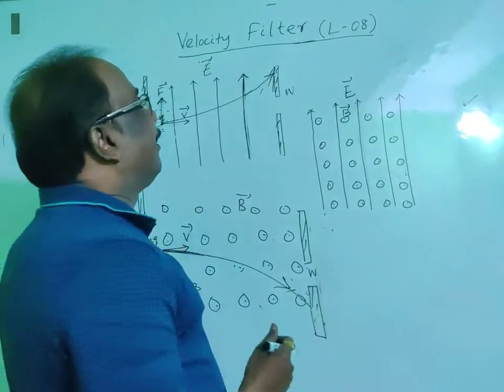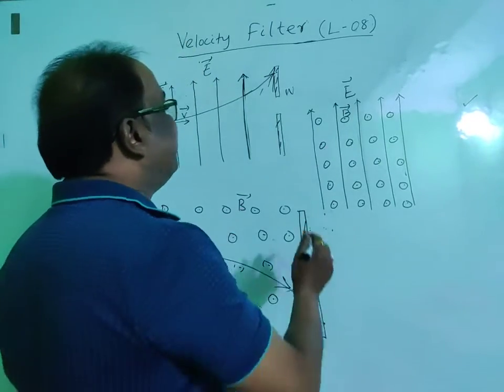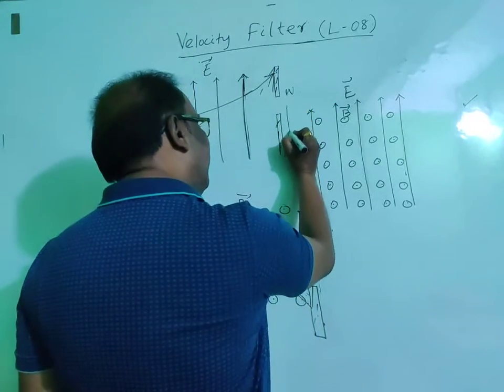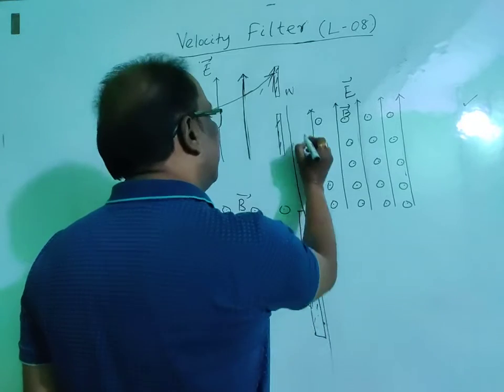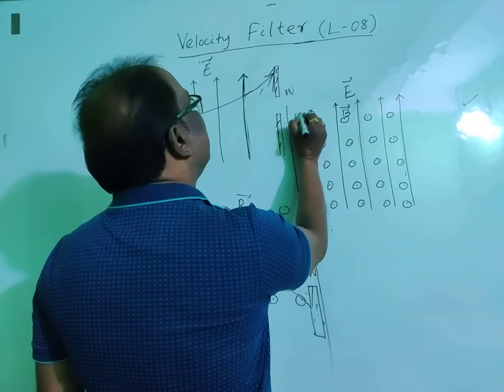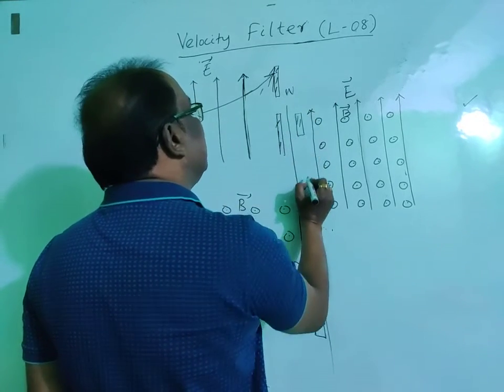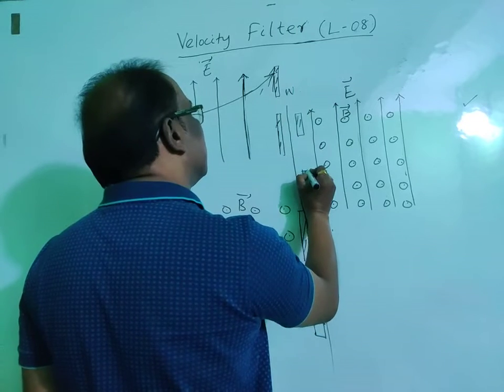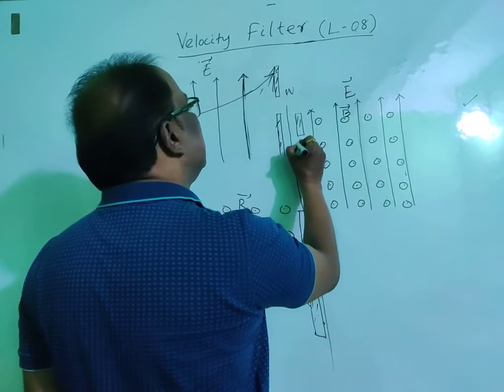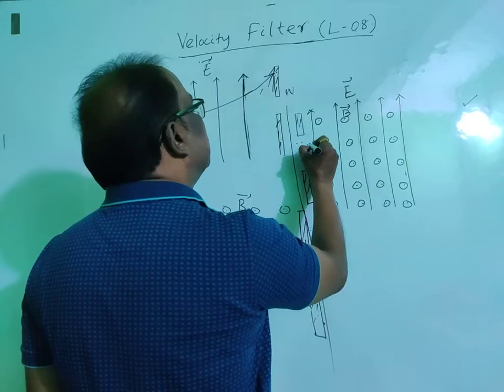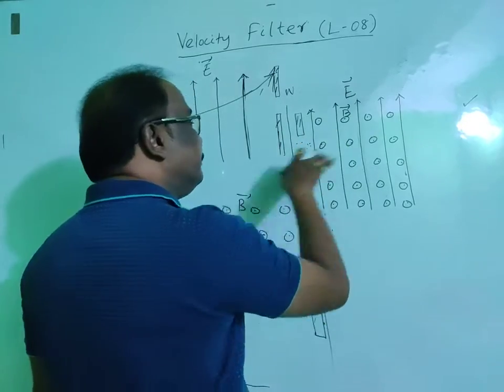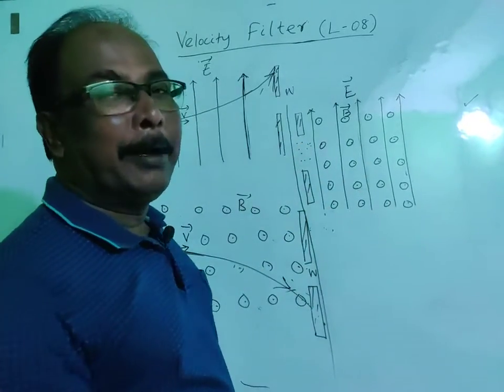Okay. Now we have represented both electric and magnetic field. Now the same entrance is provided. This is the entrance, and a number of charged particles are allowed to flow into the combined electric and magnetic field.